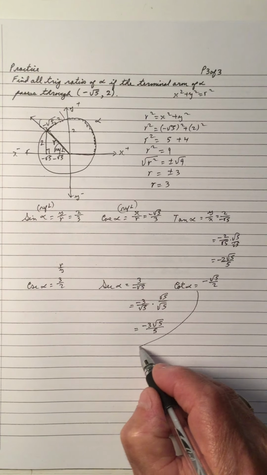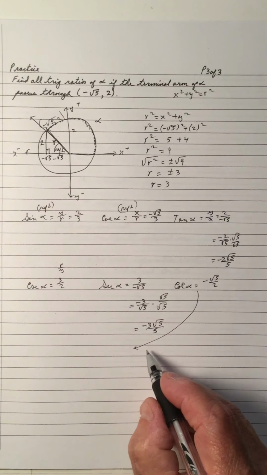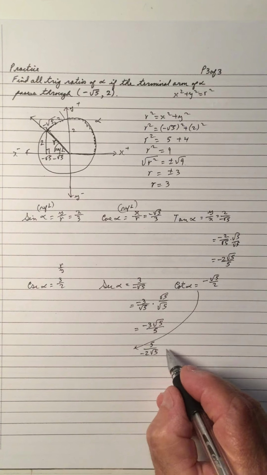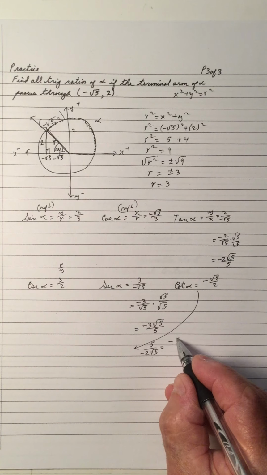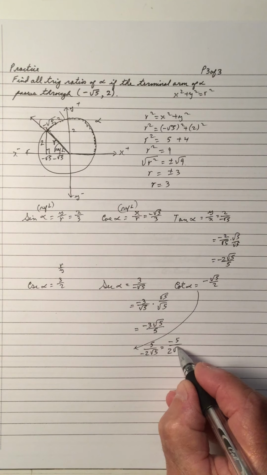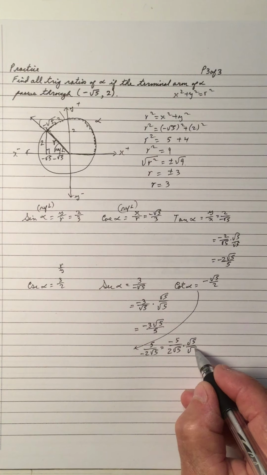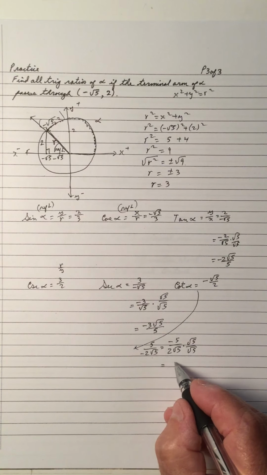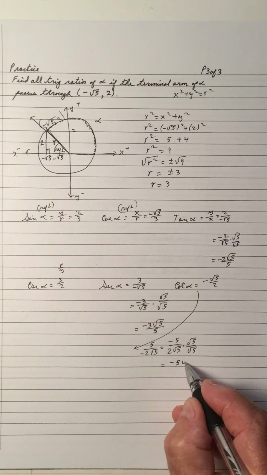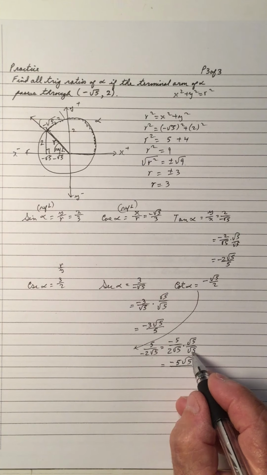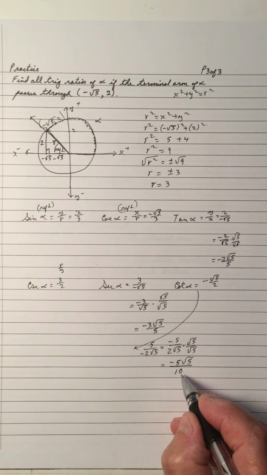But just to explain that, if you did 5 over negative 2 root 5, that becomes negative 5 over 2 root 5 times root 5 over root 5. So that gives you negative 5 root 5. Root 5 times root 5 is 5. 2 times 5 is 10.